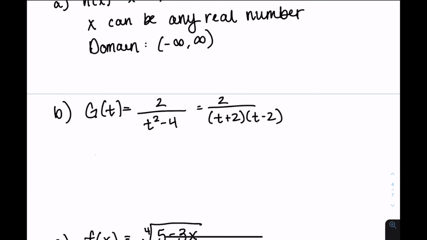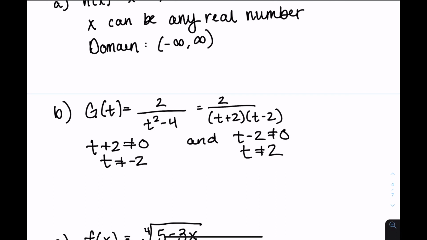That bottom factors pretty nicely to t plus 2 times t minus 2. So in this case, I need to make sure that denominator does not equal 0. So I need t plus 2 to not equal 0 and t minus 2 to not equal 0. So I get two problematic values, t equaling negative 2 and positive 2. So any value but these is going to be perfectly fine.